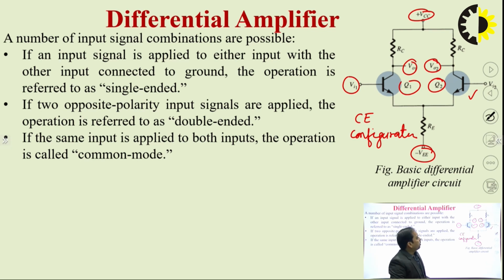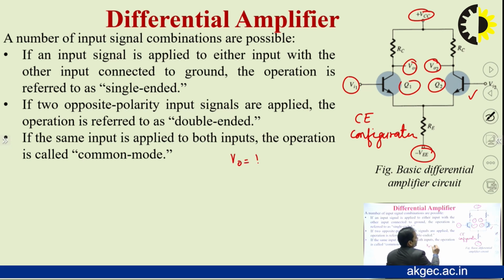If all the properties are the same, and the resistance values RC and RC are both the same, then we have the output V0, which is V02 minus V01, like this.